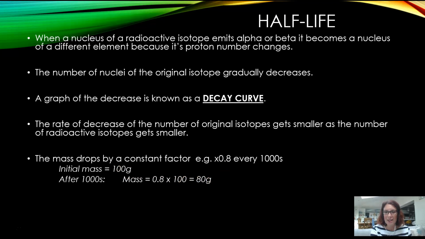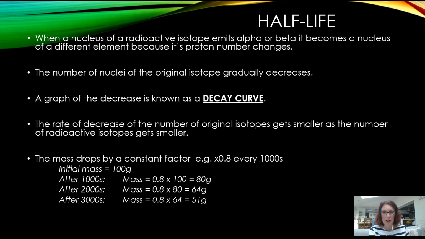Okay, so you've only got 80 grams left. After 2,000 seconds, you'd have 64 grams, and after 3,000 seconds, you'd have 51 grams. So initially you dropped by 20 grams, and then you only dropped by 16 grams, okay? And that's because initially there was a bigger mass, and so there was more to lose.